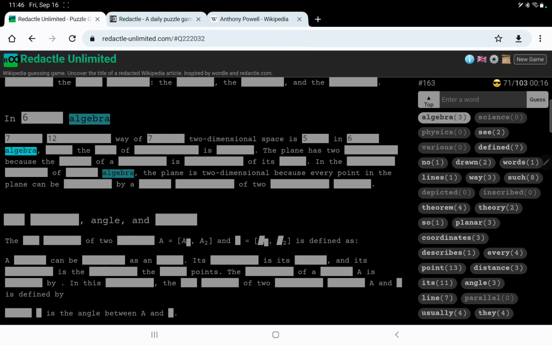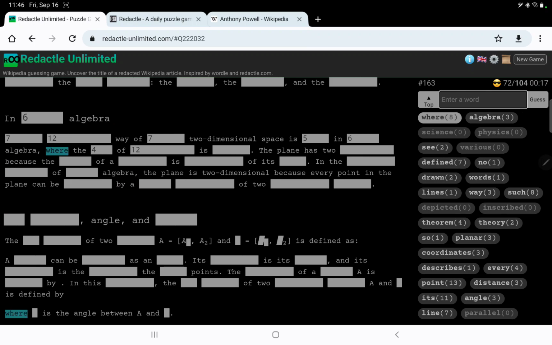Is something in something algebra. And maybe where the something of something is something. The plane has something is something of its something.